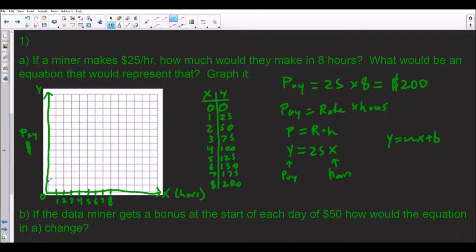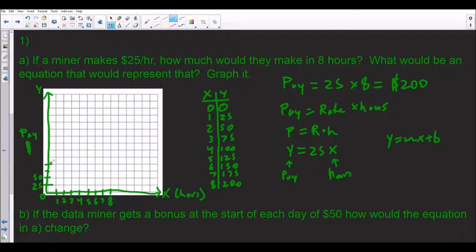Now on the pay scale, if we went up by ones, we would have a really tall graph. So let's not do that. Let's just go up by 25s, right? We could even go up by 50s if we wanted. It doesn't matter as long as the steps are equal. So as long as we're going up by 25, 25, 25. If we went up 25, 25, 100, 25, 25, that wouldn't make any sense because we'd have a weird jump in the graph.